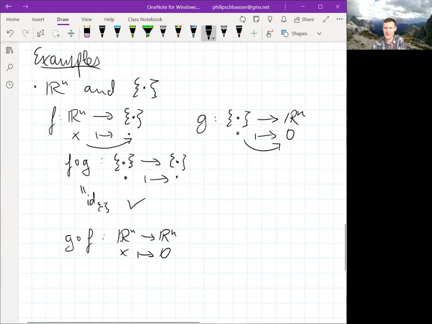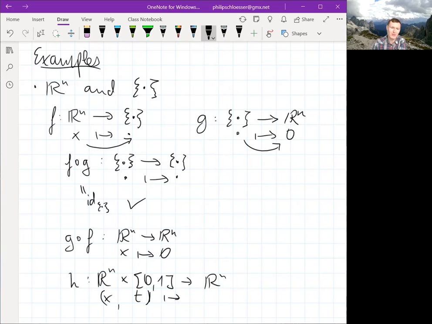Now, can we show that this is homotopic to the identity? Yes, we can. And I guess I will just define some homotopy for you, and you can tell me if you believe me that they are homotopic. We have a point in R^n and a number t, and we map them to x times 1 minus t.